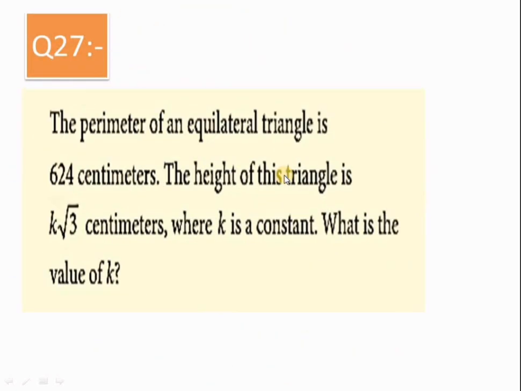Question number 27. The perimeter of an equilateral triangle is 624 centimeters. The height of this triangle is k root 3 centimeters, where k is a constant. What is the value of k? As usual, first we're gonna draw the question.